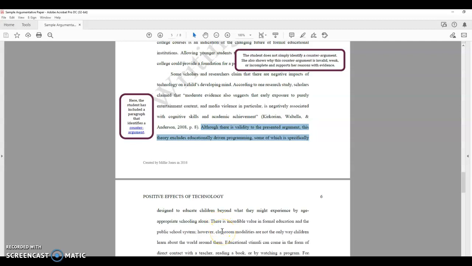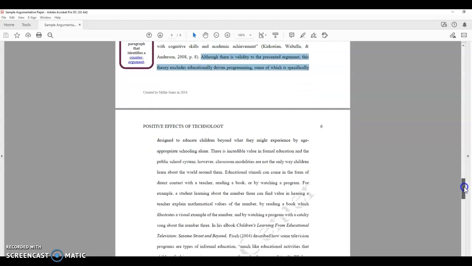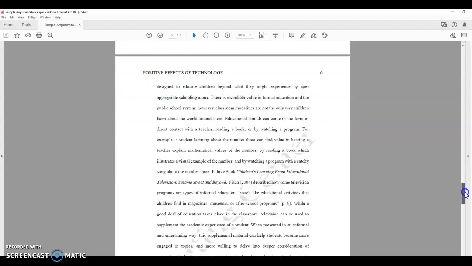So this is very important in the counter argument part of your paper. You don't simply identify what the other side says. You also need to demonstrate why the counter argument is invalid, weak, or incomplete, or simply that your argument is stronger. There may be some validity to what the other side says, but your argument is stronger.